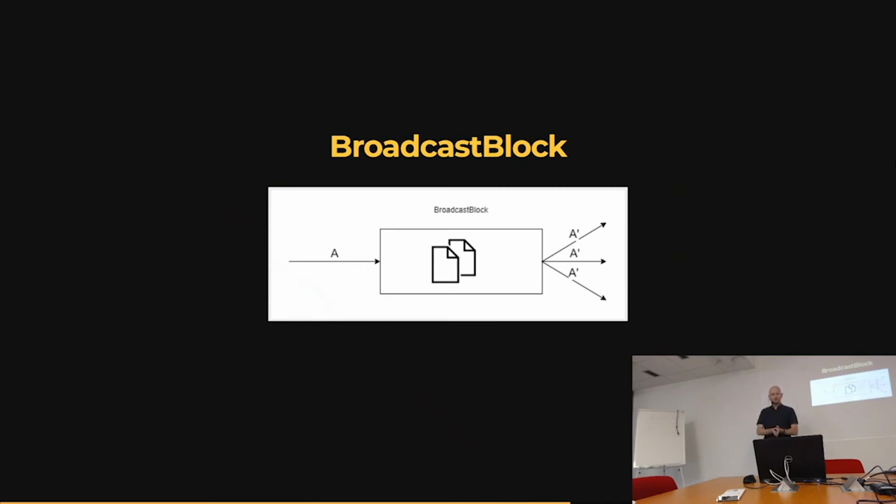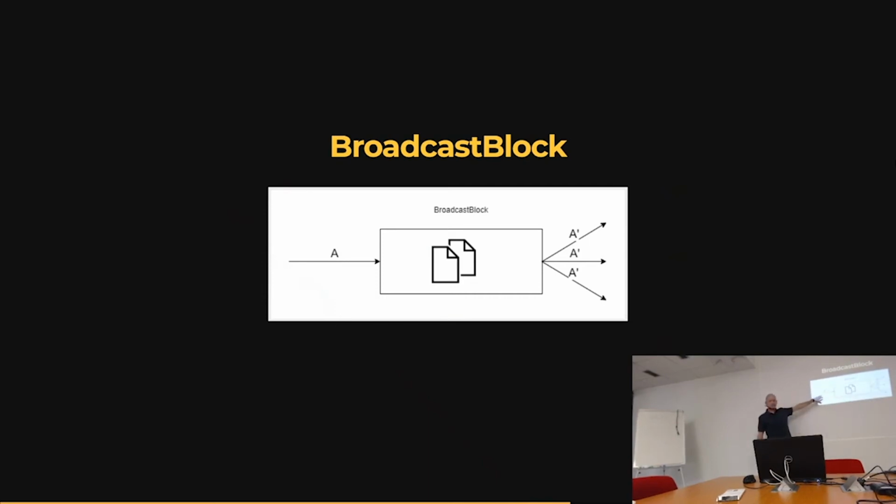So if you have a value and you want it to be processed in several different ways, in different blocks, then you will use this broadcast block. And you might notice that its output is not A, but A with an apostrophe.